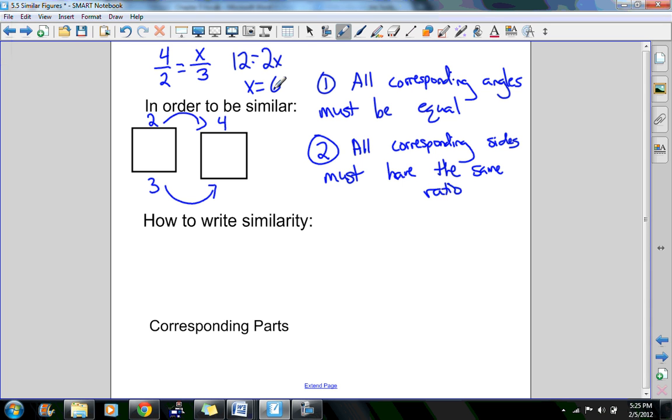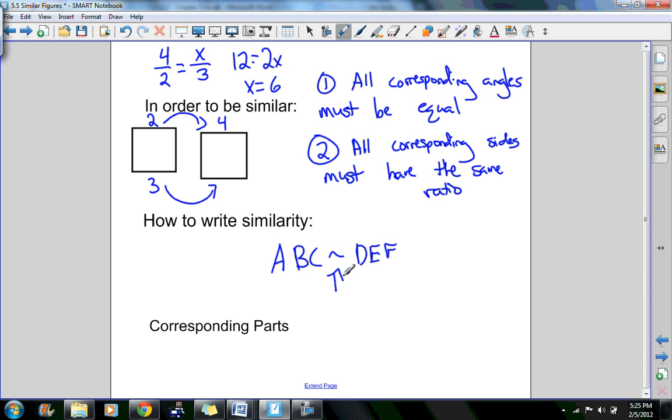Now, how to write similarity is, if we remember, if we had 2 triangles that were congruent, ABC is congruent to DEF, and I'm just making these up, we had to remember that A and D had to match up, B and E had to match up, and C and F had to match up. Similar figures are exactly the same, except instead of this symbol, we draw just that middle one. So that Superman cape is by itself.